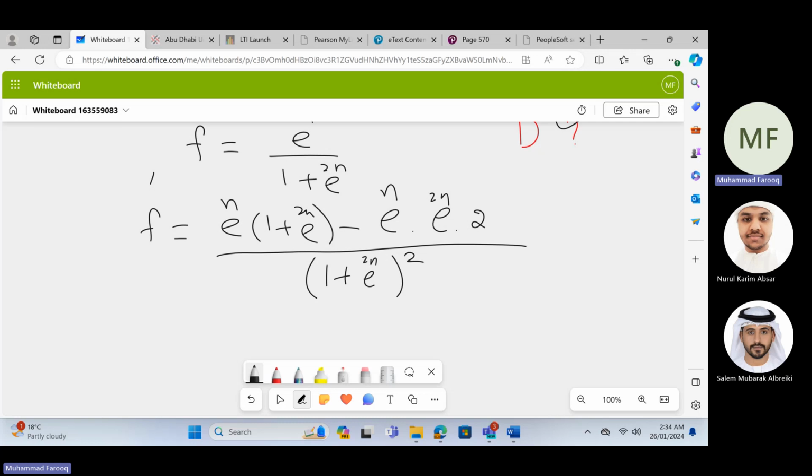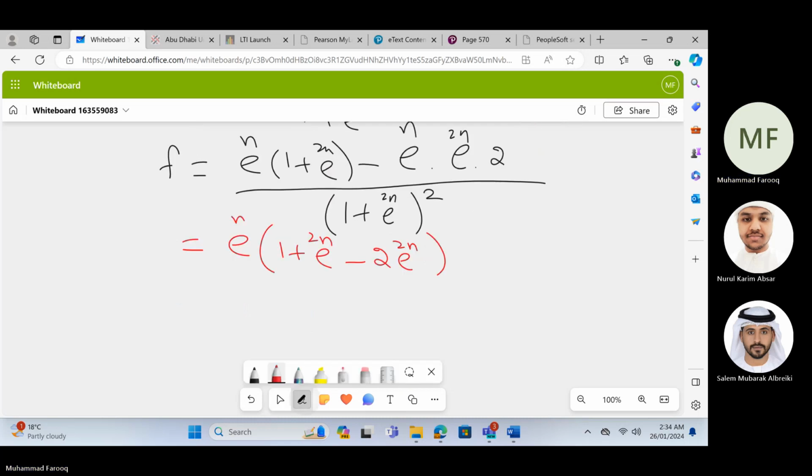Right, so now I think it's better if I take e^n as a common factor, so that finding the critical points becomes easier for us. If you take e^n as a common factor from the numerator, what we get is 1 plus e^(2n) minus 2 times e^(2n), divided by (1 plus e^(2n)) squared.